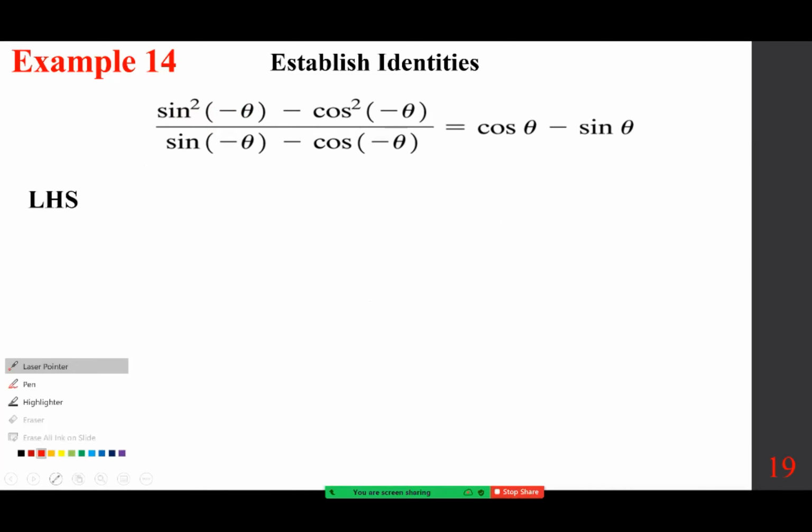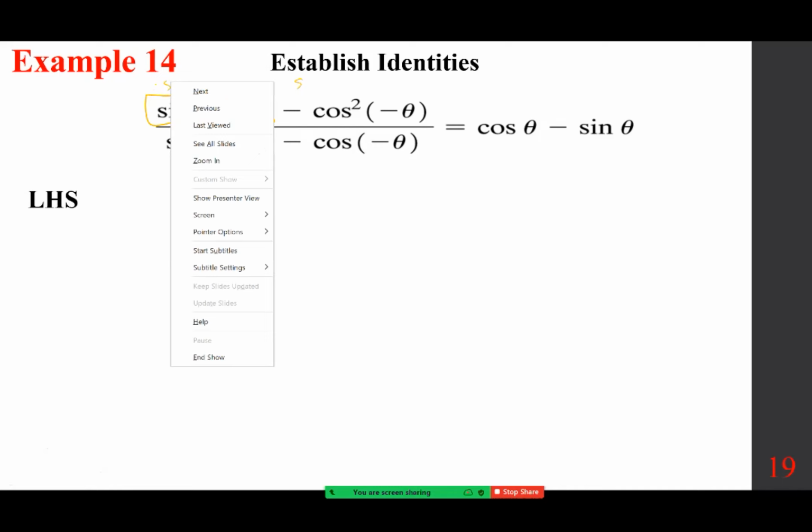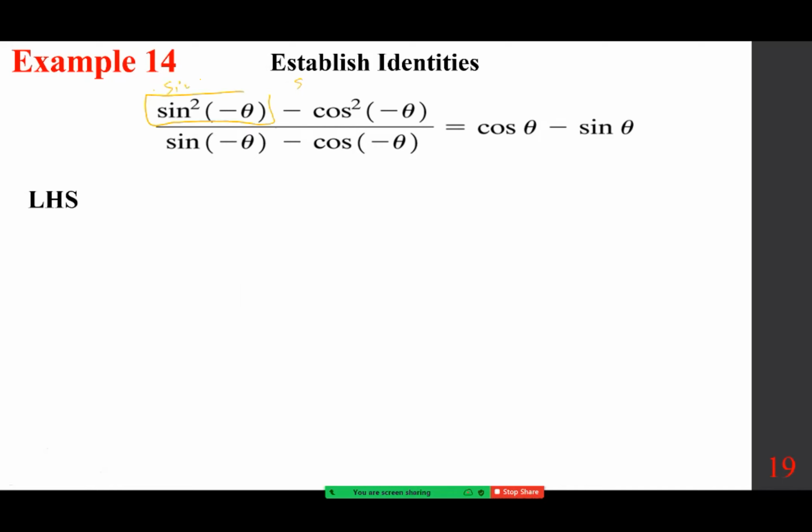Let me just write one of them with detail so you see. This means sine of negative theta to the second power. That's the meaning of it.